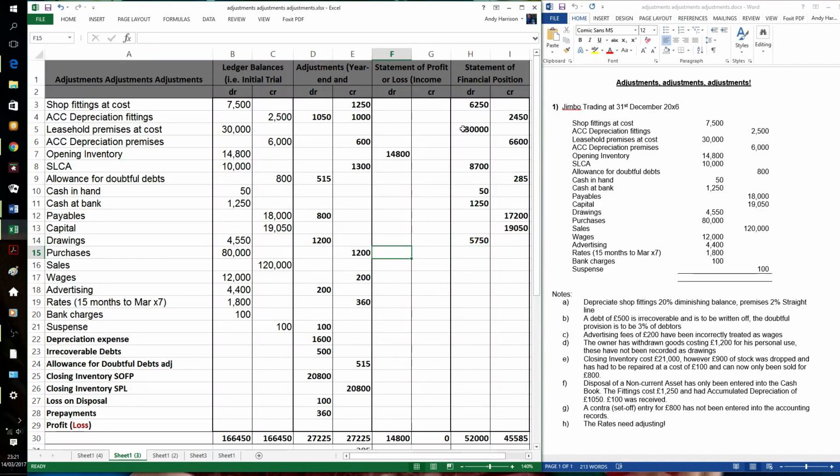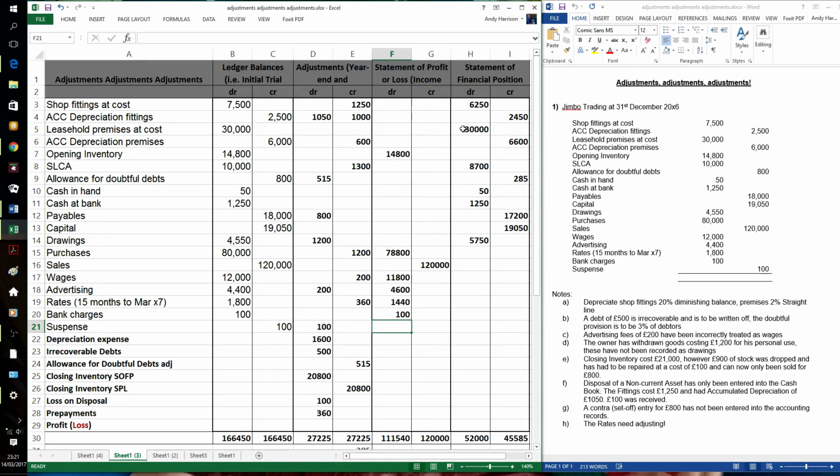Purchases, needs reducing. Sales, doesn't know. Wages, reduces. Advertising goes up. And then the rates, that's the correct amount. Bank charges can't do anything about.